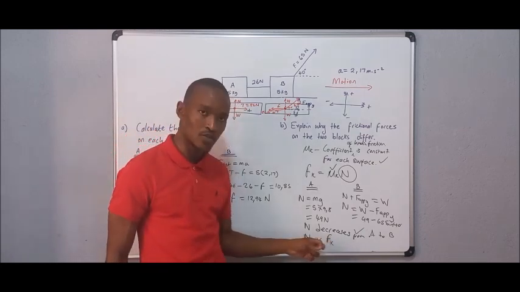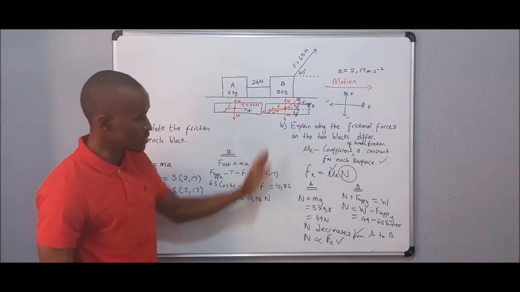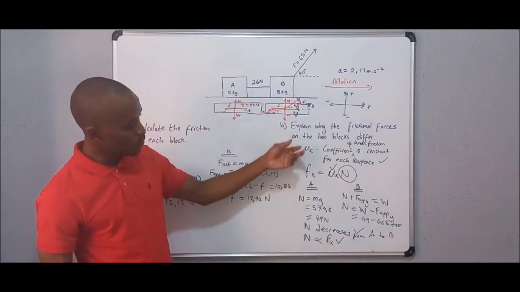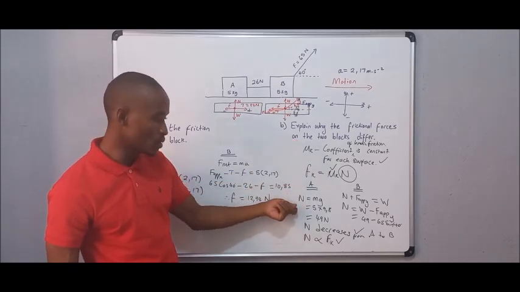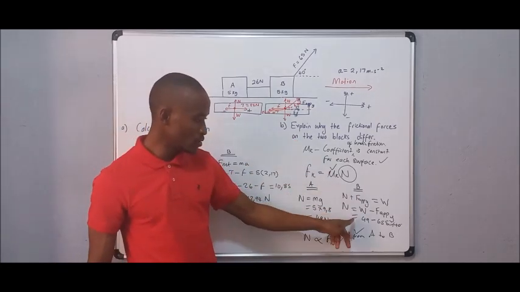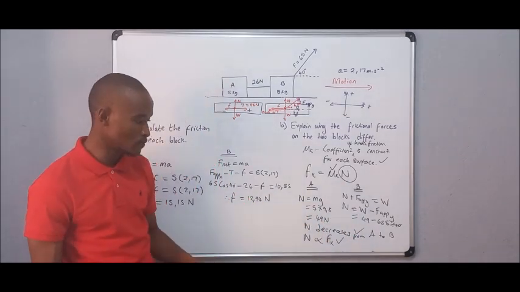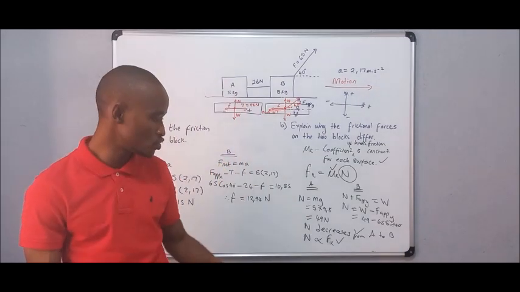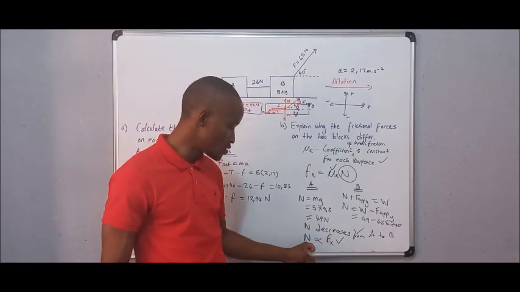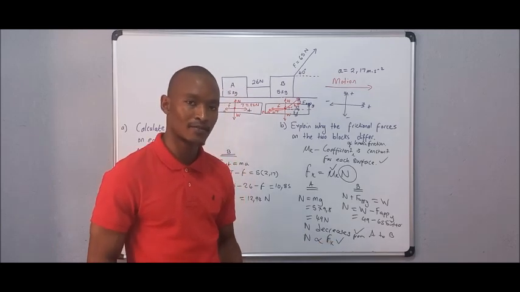But this is the reason that we conclude with when we answer such a question. The calculations are there to support our reasoning. Therefore, for block B, the normal force is less than the block A normal force, and because of the direct proportionality between the two quantities, if you decrease normal force, you decrease the kinetic friction.